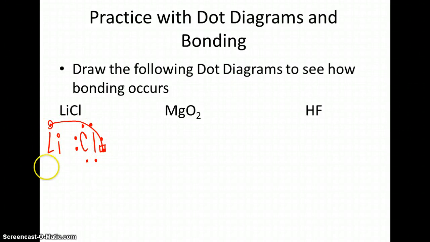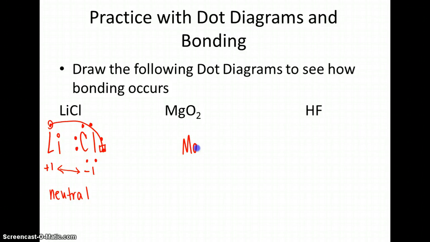So this lithium, because it's losing an electron, becomes a +1. This Cl becomes a -1. But notice these two charges are exactly equal and opposite of each other. So this compound, when Li joins with Cl, those two charges are going to balance each other out and become neutral. Hopefully every compound is going to do this.